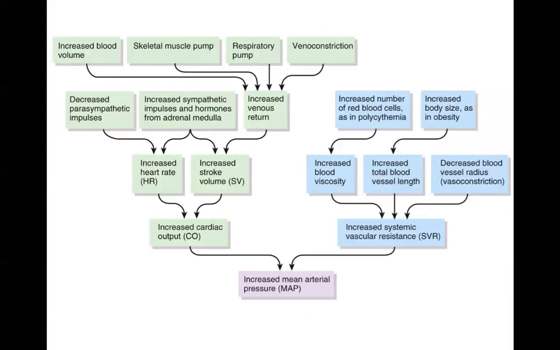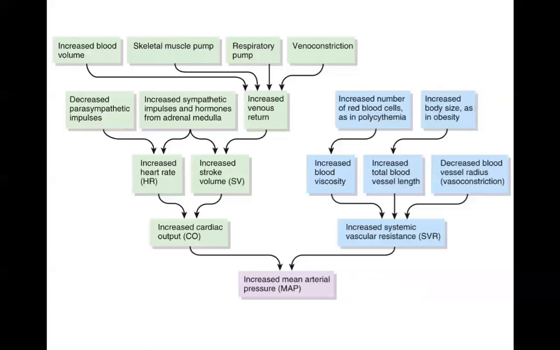The figure here on this next slide is just showing you all the factors that affect mean arterial pressure, in other words, blood pressure. Okay. Two major things are cardiac output and systemic vascular resistance. Cardiac output, we learned, is a factor of heart rate times stroke volume.